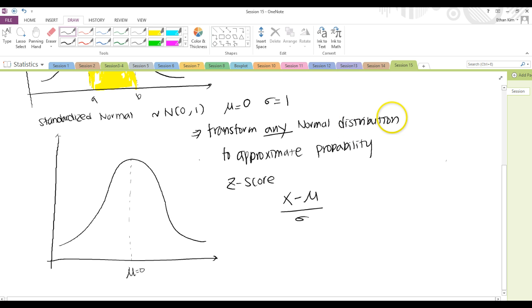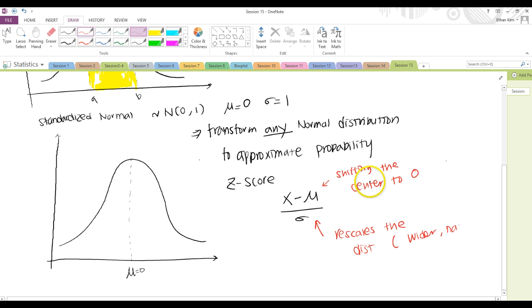The x minus mu part corresponds to shifting the center to 0, and dividing by sigma rescales the distribution, so it can make it wider or narrower.